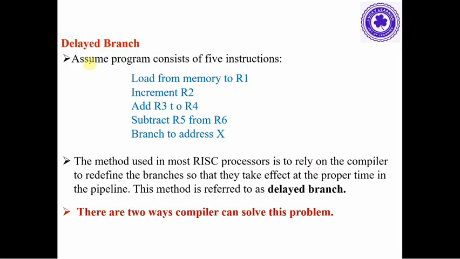Now, we will discuss the branch difficulties, and how they are handled by delaying the branches. For this, I'm assuming an example with a set of instructions 1, 2, 3, 4, and 5.